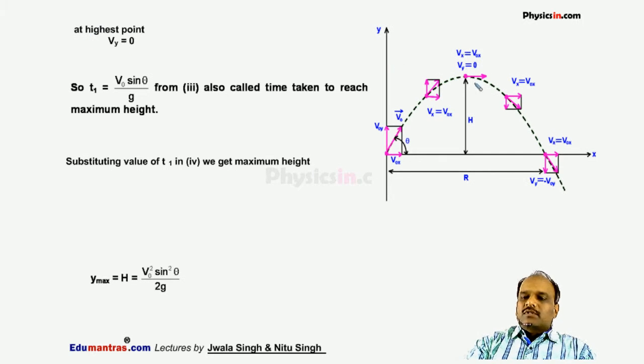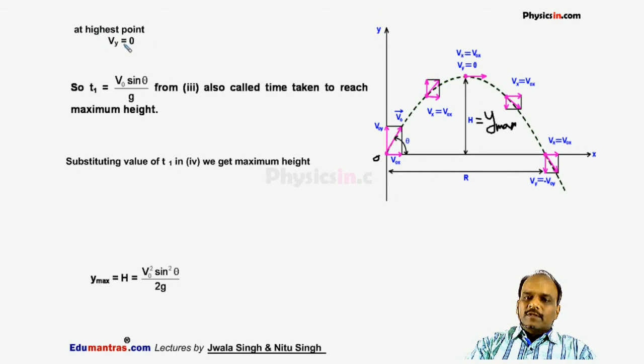At the highest point, when we throw this particle from the origin, it moves upward. Its height from the ground increases. When it reaches the maximum height, this is also the maximum value of y. When the particle is at the maximum value of y, its vy becomes 0.